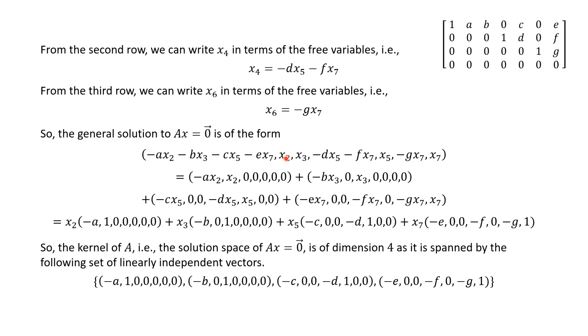Then x2 is fine. That's a free variable. x3 is a free variable. Then x4, we've written that in terms of x5 and x7. We plug that in here. Then x5 is a free variable. x6 we wrote in terms of the free variable x7, and then x7 is a free variable.